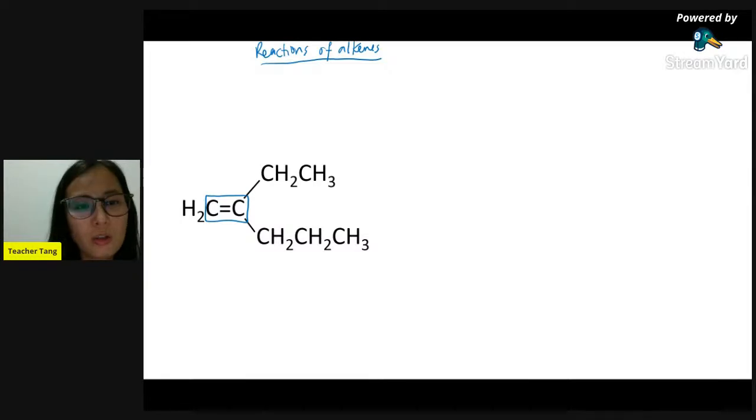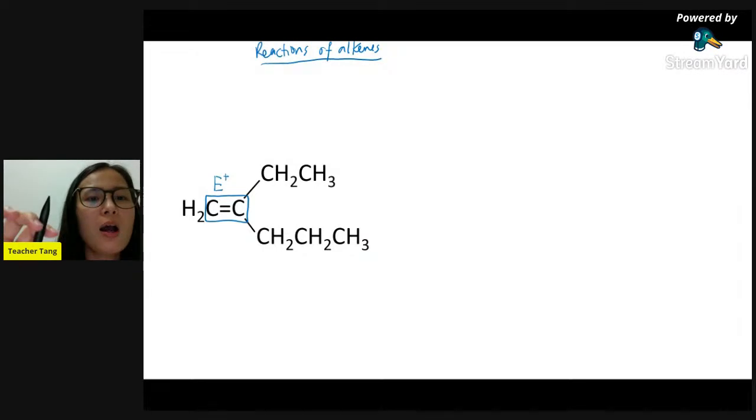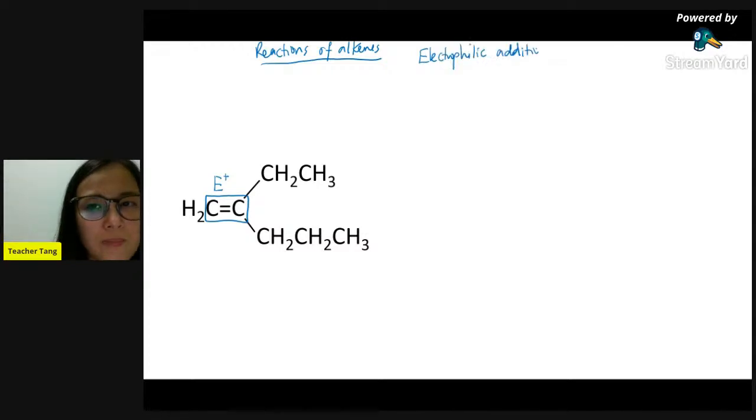So who will attack the carbon-carbon double bond? The electrophile. Therefore, alkene undergoes electrophilic addition type of reaction.